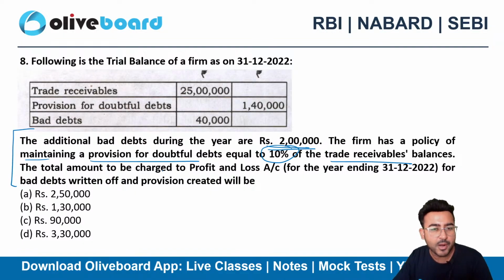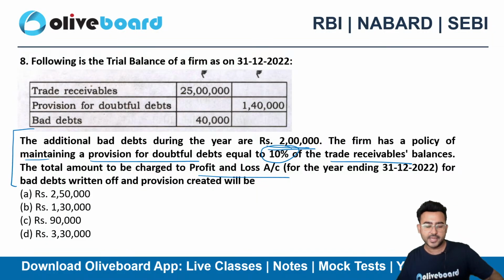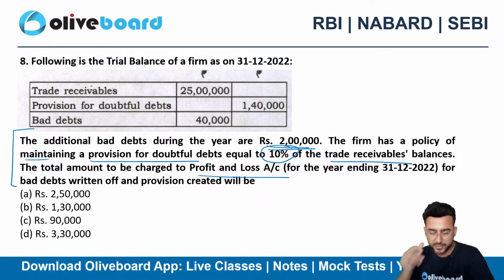What will be the total amount charged to the profit and loss account? What do you think, guys? Any opinion? Any idea about this? The total amount charged to the profit and loss account. Look.